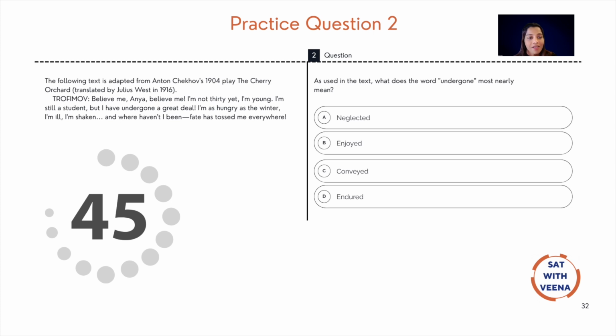The passage says, the character Trofimov says he has undergone a great deal. Step 1, meaning. He says he's hungry, ill, and shaken. Clearly, he has experienced a lot of hardship. Step 2, predict. So the word undergone probably means experienced suffering. Step 3, clues. Look at the clues: hungry, ill, fate tossed me everywhere.